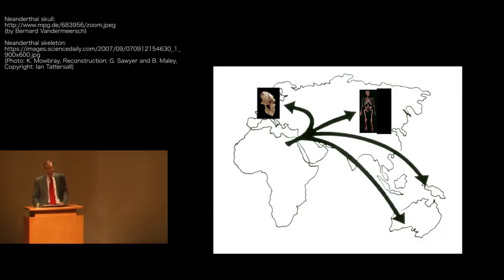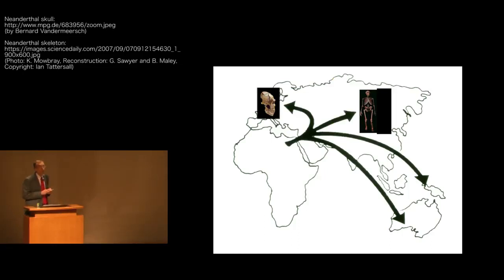So there is a picture emerging, and there are more studies like that on the way, that when modern humans spread out of Africa, they come as newcomers from Africa to Eurasia, and they meet these groups that have lived there for hundreds of thousands of years and have adapted to those environments.